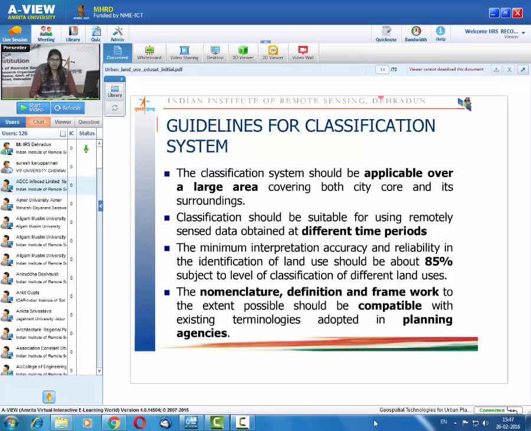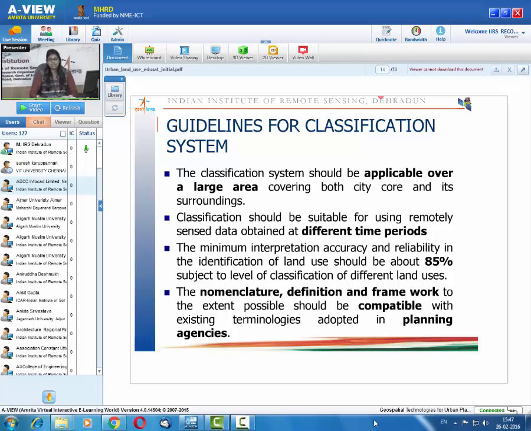So we will now understand the image interpretation principles and the guidelines for the classification system. After that we will discuss the image interpretation keys, because before digital classification it is important to understand how we will make a land use map, not a land cover map. There are various levels of making a land use map also, which we will see further.